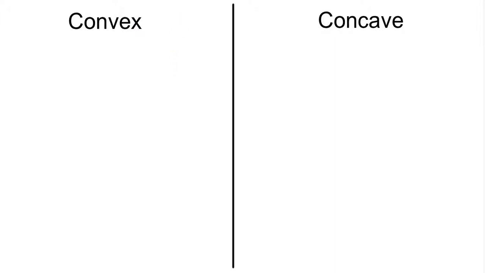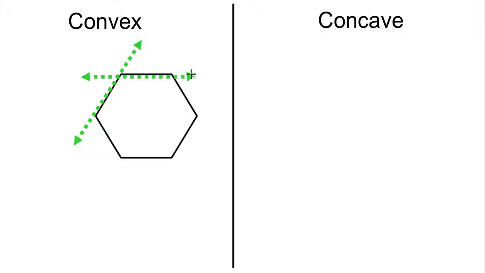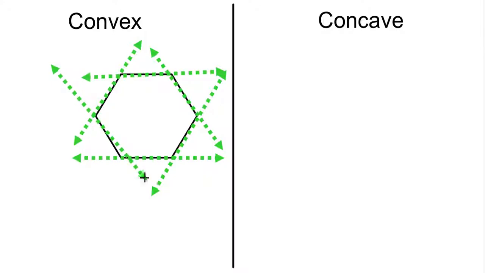Now we do also have this idea of convex versus concave. You may have seen convex and concave mirrors, and whenever you see convex, that means it's going outward. So let's say I have a shape just like this, a 6-sided polygon. If I look at these sides and I extend them out, notice that as I extend these lines, there are no intersection points inside the polygon.